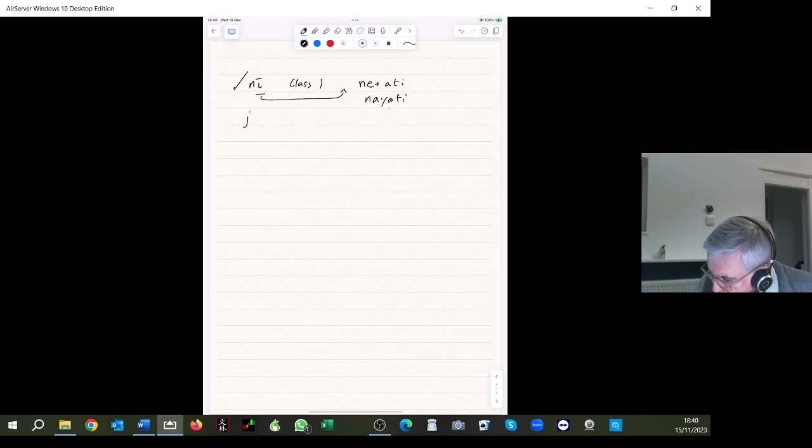Just as ji, the guna je, and the non-existent form je ati becomes automatically by internal sandhi jayati. In fact, it's jayati or jayate, and both forms exist.